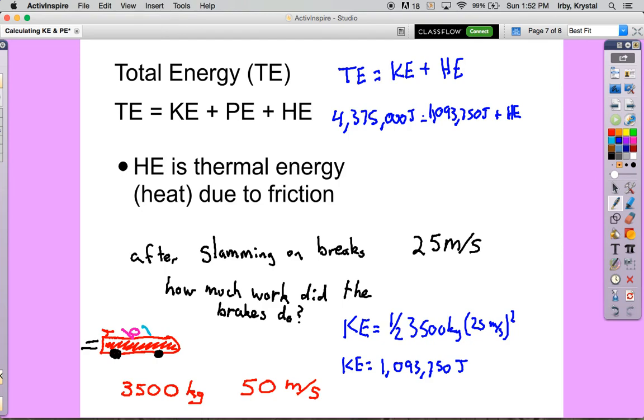So I use my calculator to figure that out. 4,375,000 joules minus 1,093,750 joules equals 3,281,250 joules. So this is the amount of work that my brakes have done so far. All right, these should help you get through some of the problems.